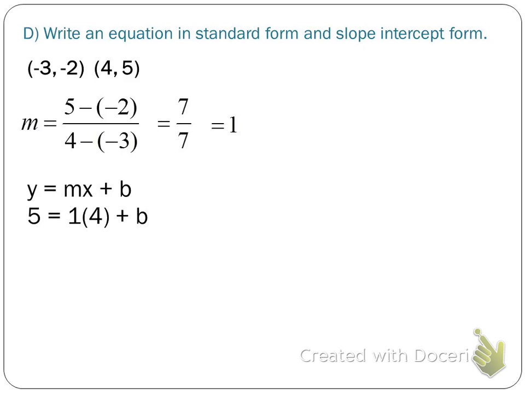So I am going to plug in the 4 and the 5. So 5 equals 1 times 4 plus b. Solve for b. What do you get? 1. So I have y equals 1x, but when it's 1x, you should just write x, and then plus 1.